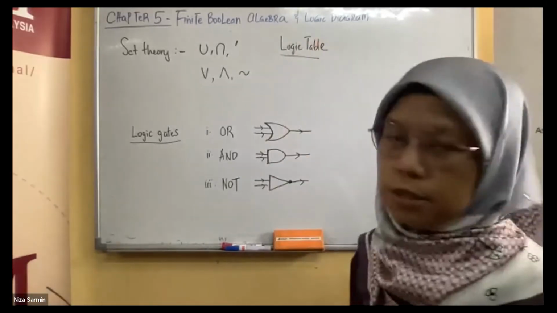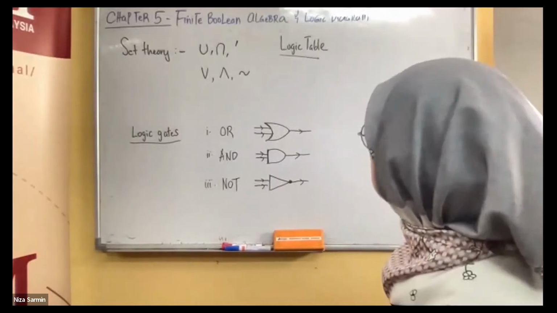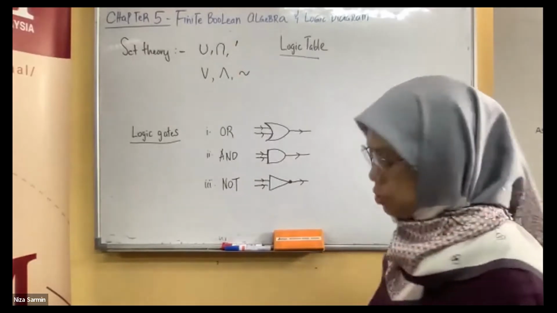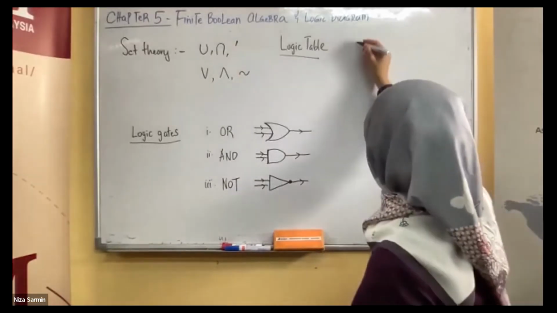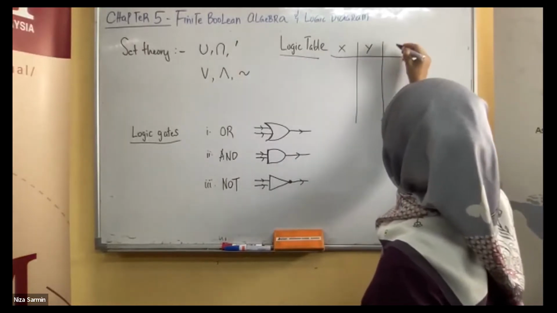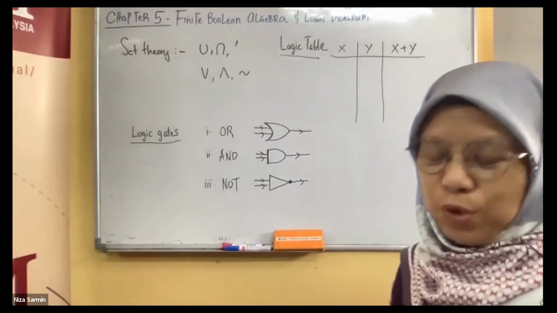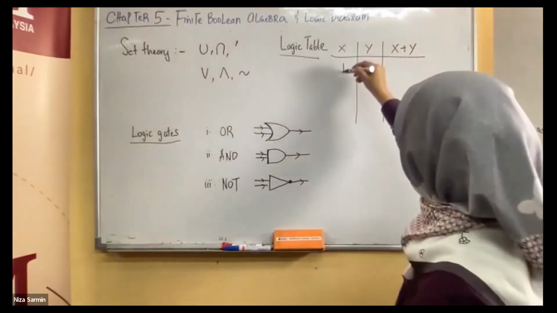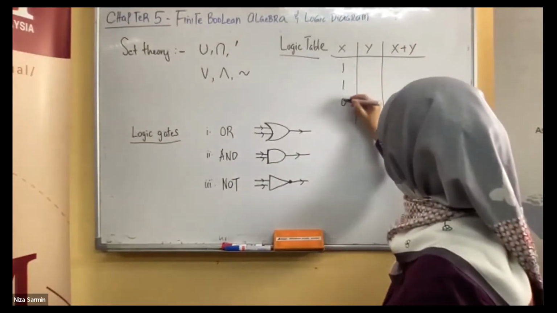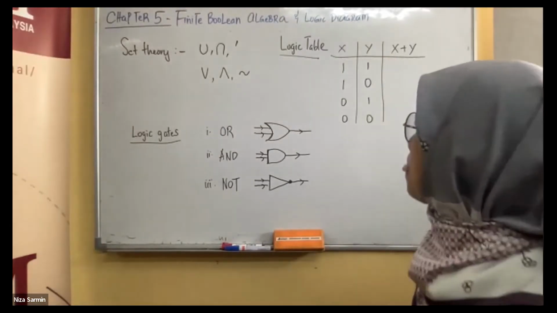Under this chapter, we will use a plus and Boolean numbers, zeros and ones, right? So the logic table, we start with X, Y, and then X plus Y. You remember last time we put true and false, right? So we will have 1, 1, 0, 0, 1, 0, 1, 0.